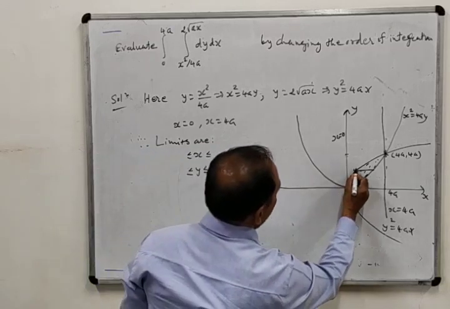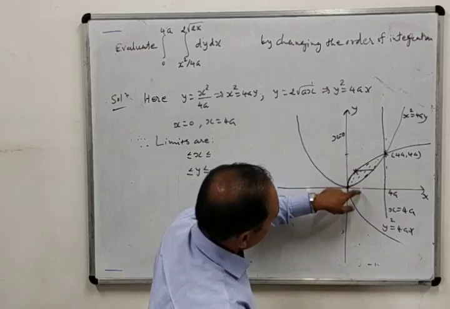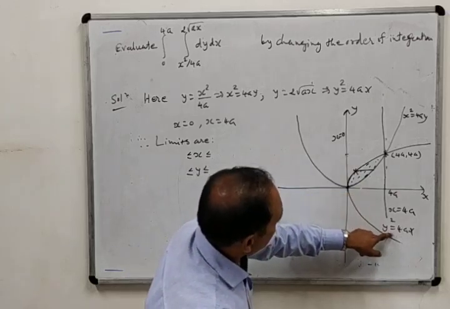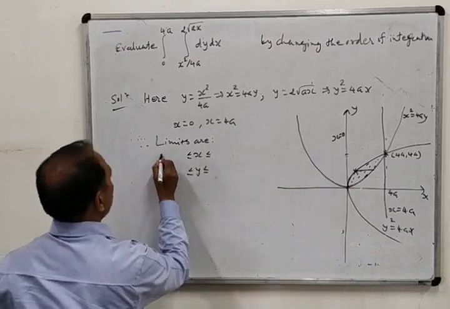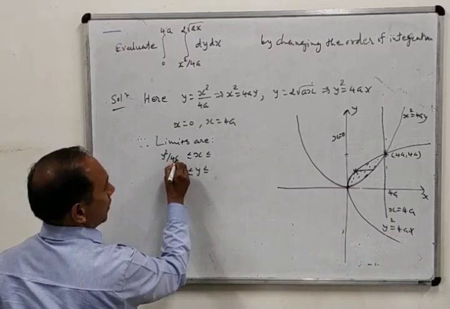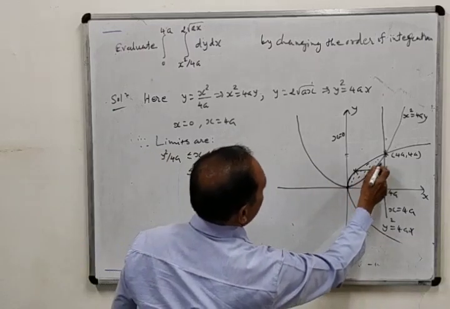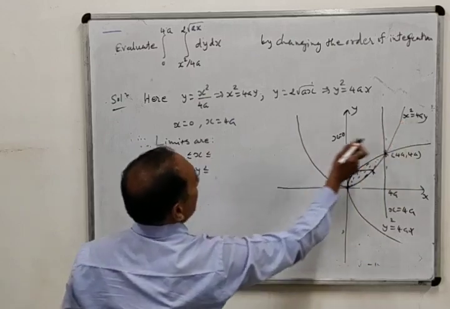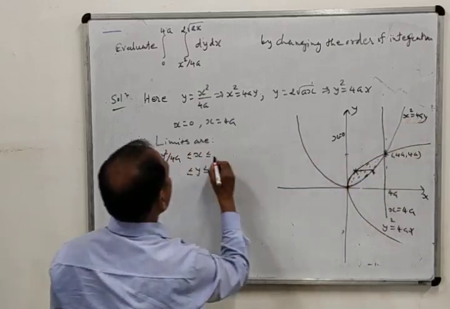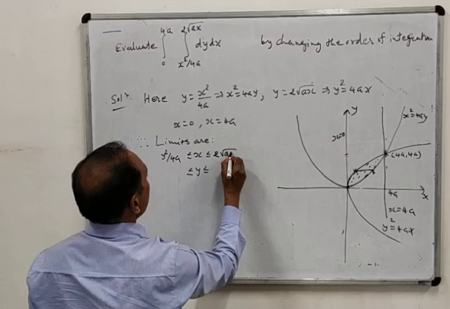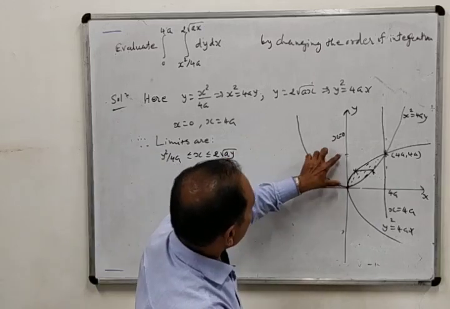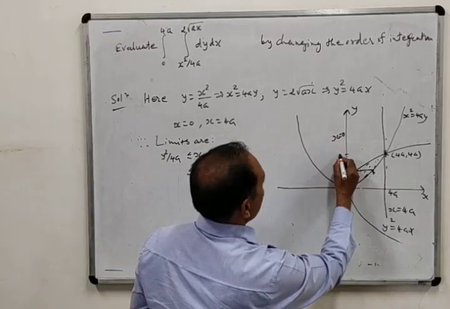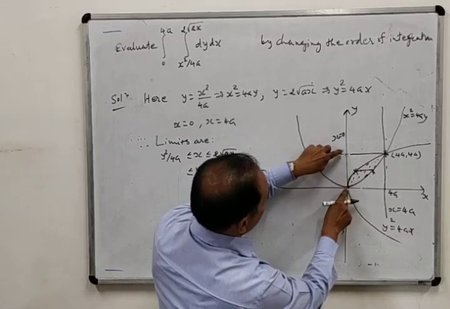So x is on this curve, and this has the equation y square upon 4a, x equal to that, and this endpoint is on this curve where x equal to 2 root ay, and y, the whole region lies between these 2 points.